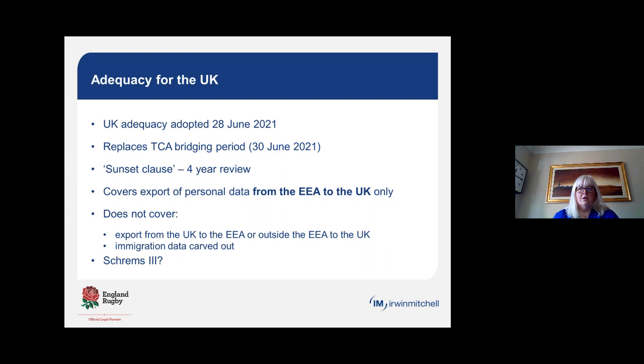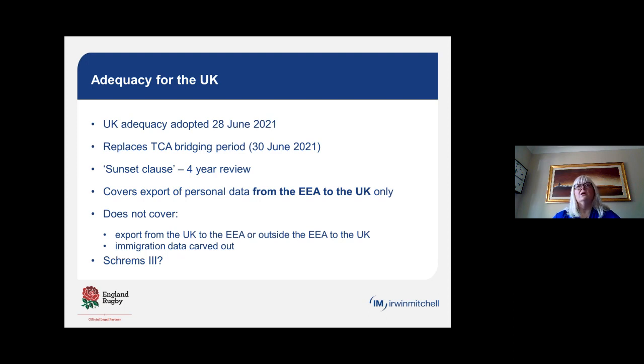I think the other thing that's worth bearing in mind is what it doesn't cover, and certainly it is probably worth flagging that it covers only essentially transfers from the EEA to the UK. There is a bit of a misconception that it means that the UK is adequate for lots of countries and anybody can choose to send their data to us and it'll all be fine.